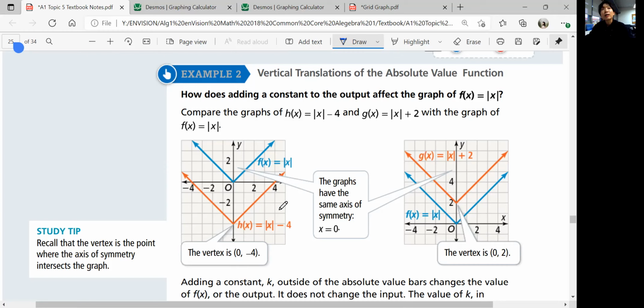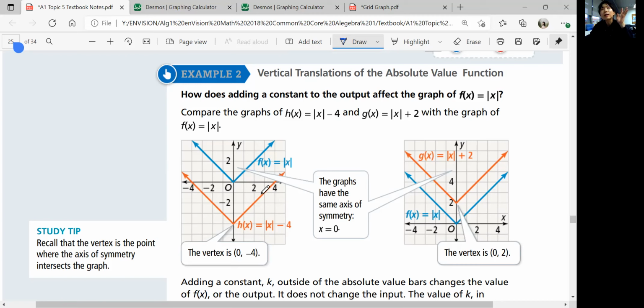So h of x is the red one right here. g of x is absolute value x plus 2, and f of x is our parent function. So it starts with the original absolute value of x, right?